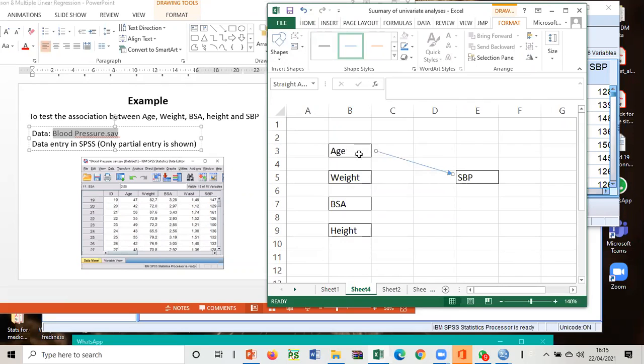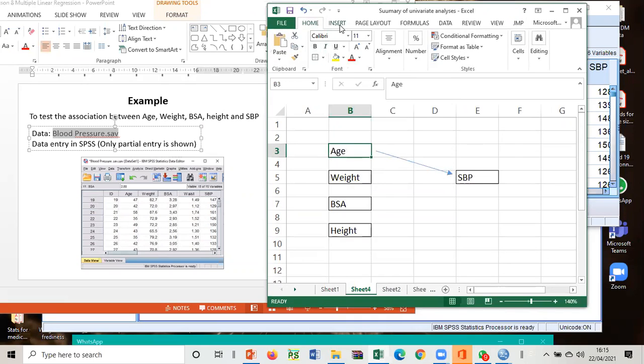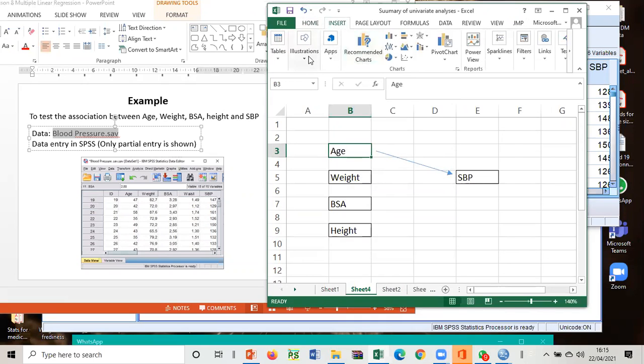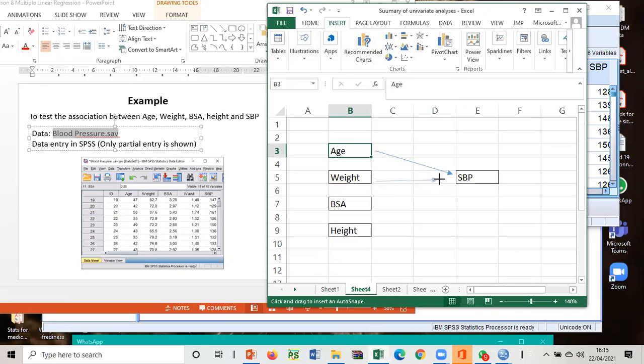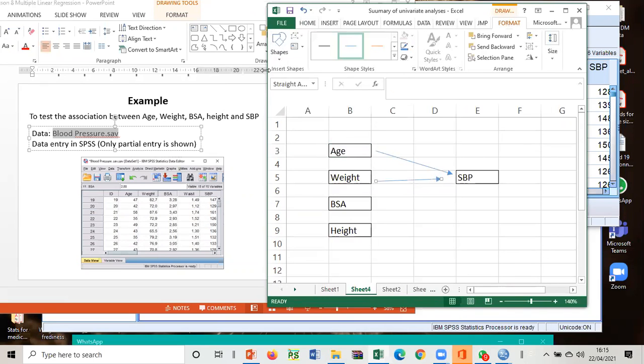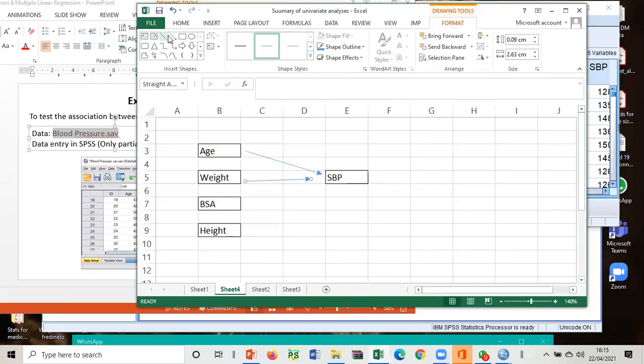Binary, sorry, bivariate, isn't it? Yes. We're going to add more and see how it becomes multivariate. Is it multivariate already now? Anything more than one is already multivariate.